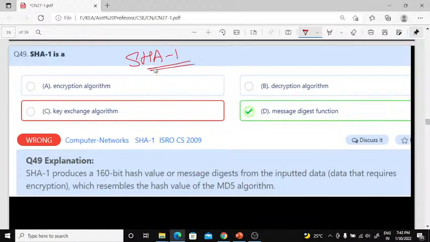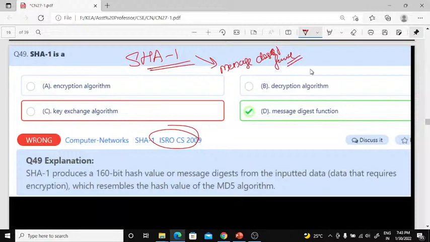Okay, so these are all questions that are asked in the ISRO. Secure SHA1. Okay, so this is a message digest function. SHA1 is a message digest function.